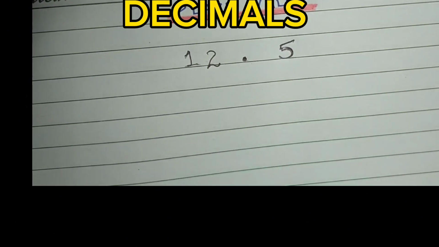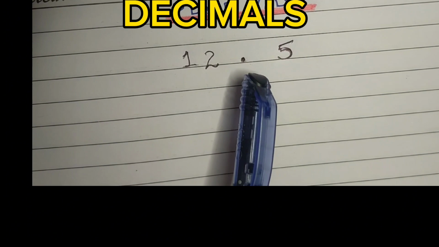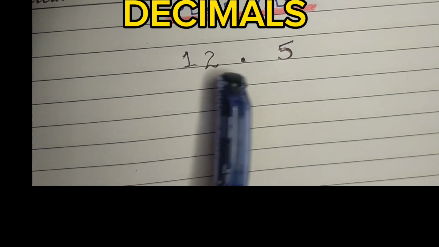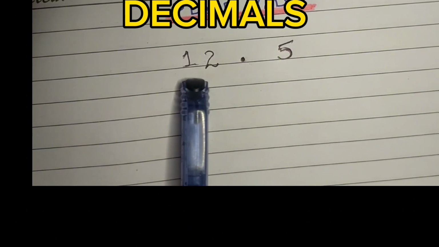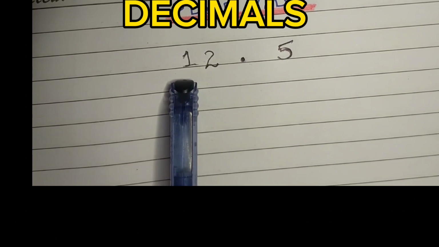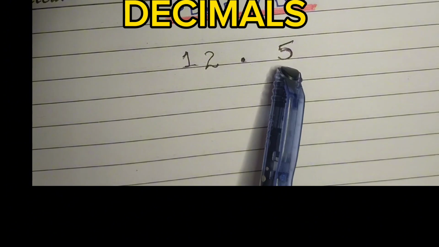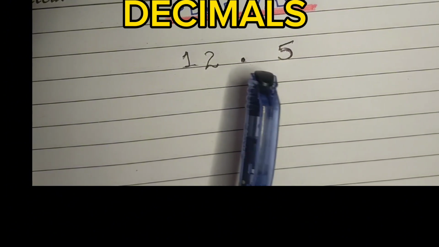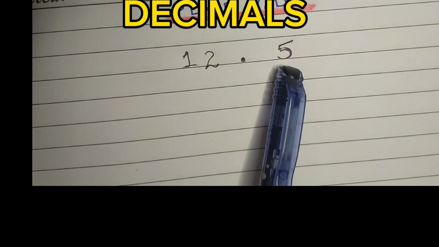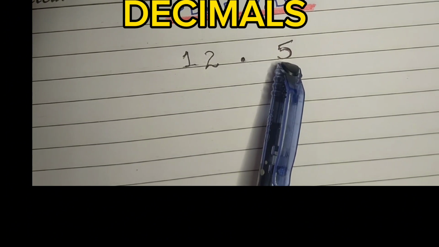Now, the number that is before the decimal point is the whole number. But the number 5, which is after the decimal point, is a fraction.